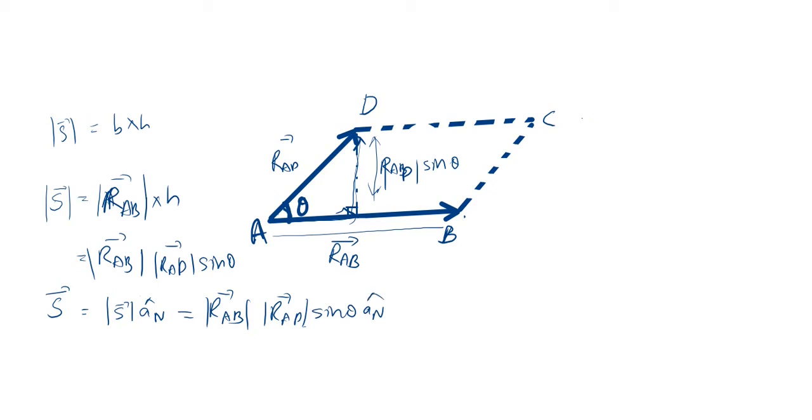So RAB, RAD sin theta, which we have studied, is nothing but vector RAB cross vector RAD. So this is how we can calculate the area of a given parallelogram. This is in the case of a parallelogram.